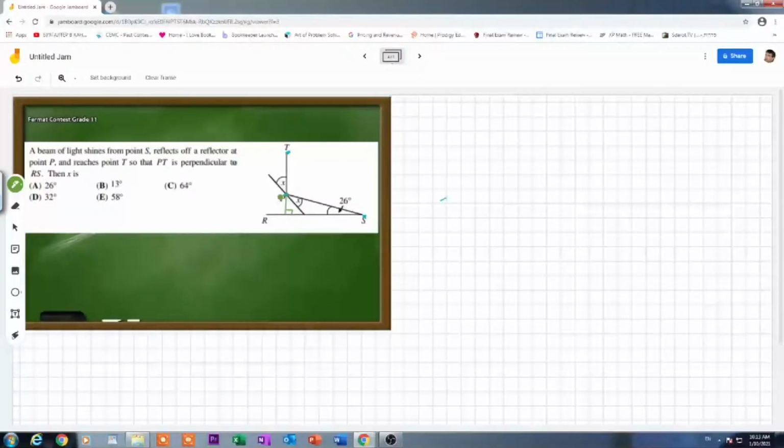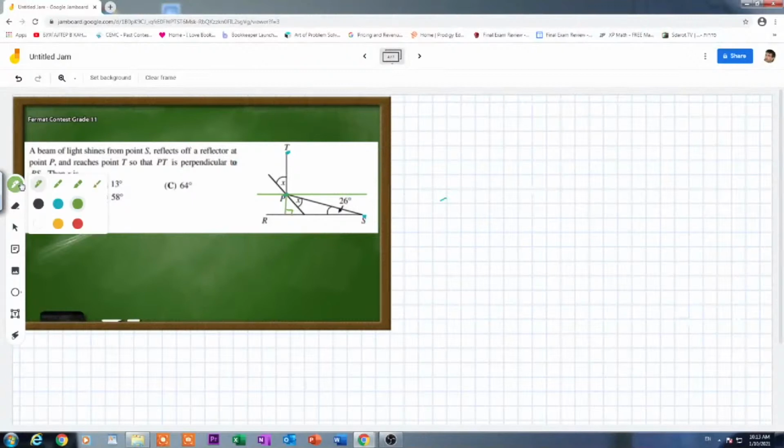Okay, we're gonna draw a line parallel to RS, right? And so this angle is 26 degrees, right? Formed by beam SP, right?